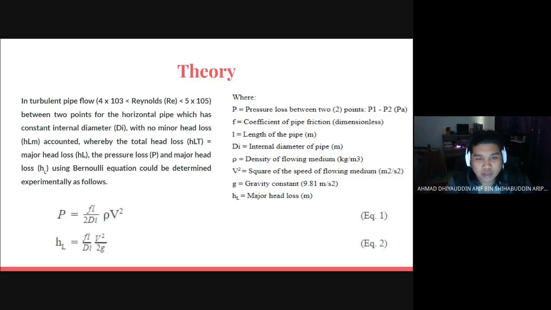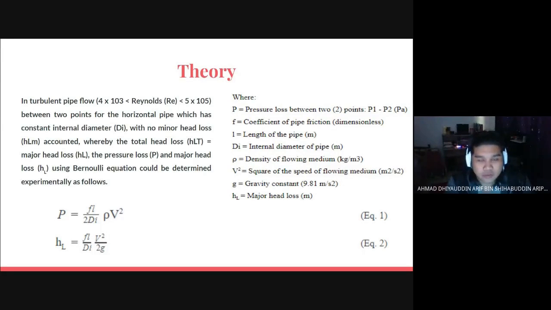The pressure loss P and major head loss HL using Bernoulli's equation can be determined experimentally as shown below, where P equals the pressure loss between 2 points, P1 minus P2, in Pascal.